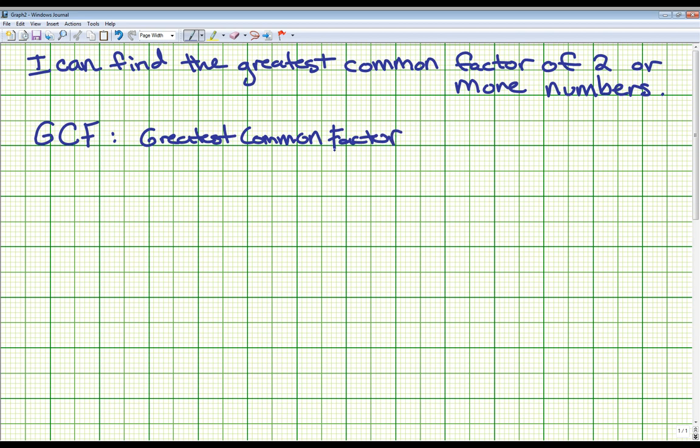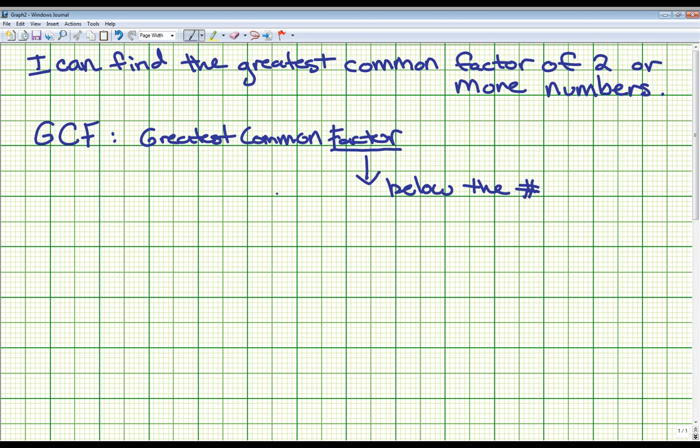And a factor gets mixed up with a multiple very often. And so what I like to remember is a factor is below the number. And when we get to multiples later on, multiples are above the original number. So today we're going to be looking at numbers below other numbers.